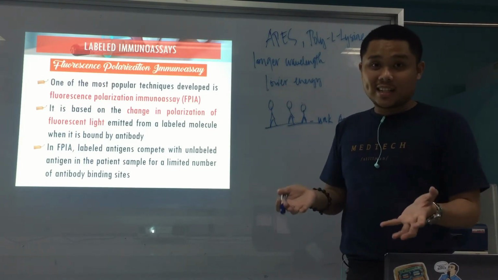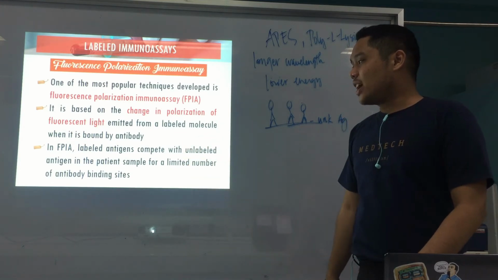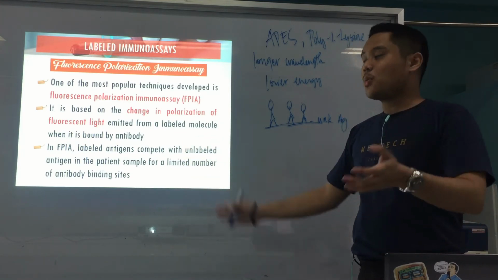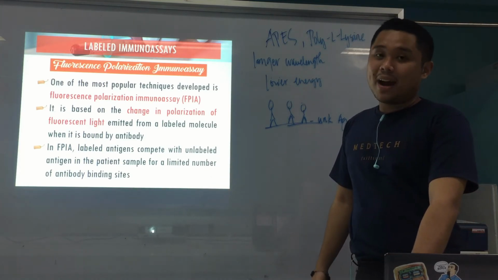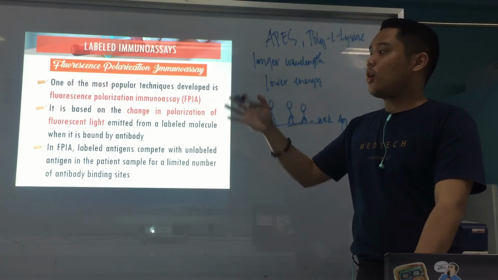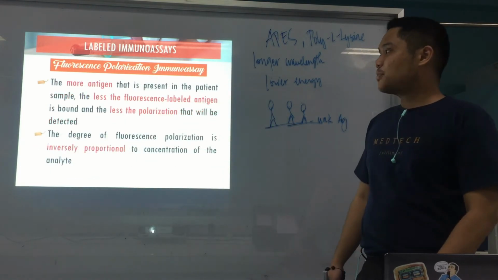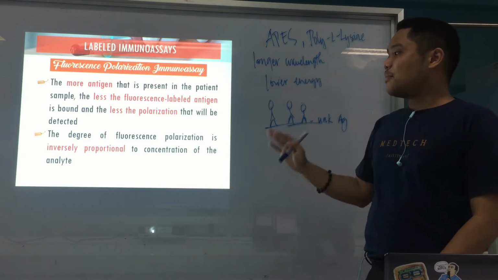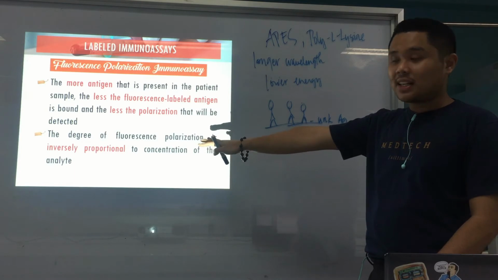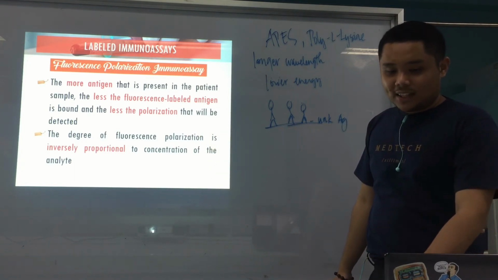In FPIA, labeled antigens compete with unlabeled antigens for a limited number of antibody binding sites. Since it is competitive, the more antigen that is present, the less labeled antigen is bound, and therefore the less polarization. So the degree of fluorescence polarization is inversely proportional to the concentration of the antigen.